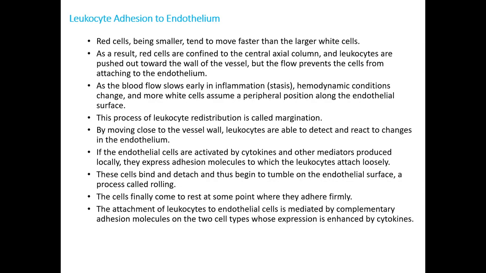In the beginning, the attachment of the leukocyte to the adhesive molecule on the endothelial cell is loose. These cells will bind and detach, and thus begin to tumble, jumping and attaching again on the endothelial surface, a process we call rolling.